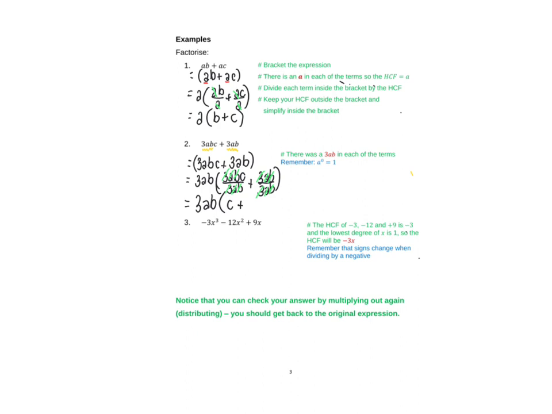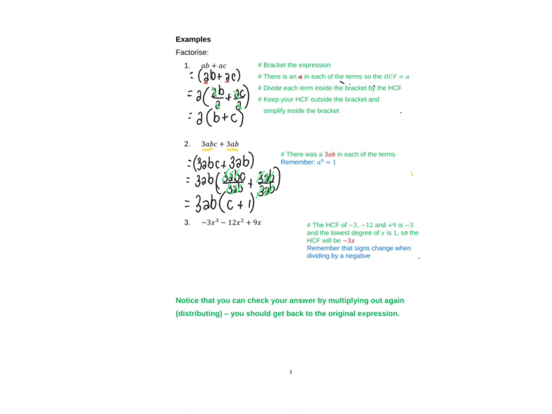So 1 times 1 times 1 means for the second term in the brackets, the result is 1. And if you distribute again, you will get 3abc plus 3ab. Okay, 3ab times c is 3abc, plus 3ab times 1 is 3ab. So it proves to be true again.